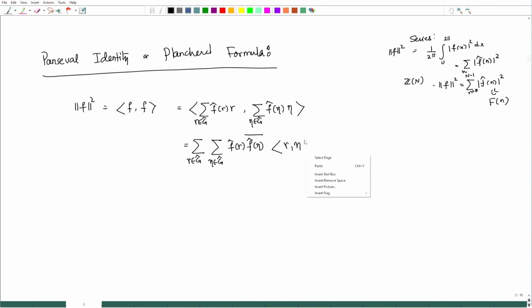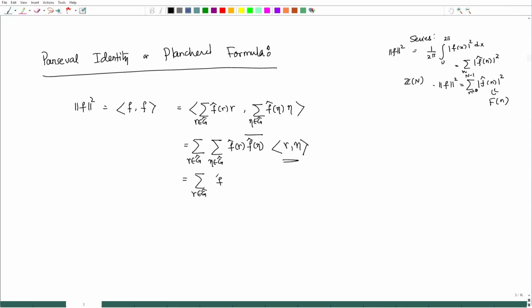Now, if I perform the eta sum first, then this quantity is going to survive only when gamma is equal to eta. So, this becomes the sum over gamma belongs to G hat.